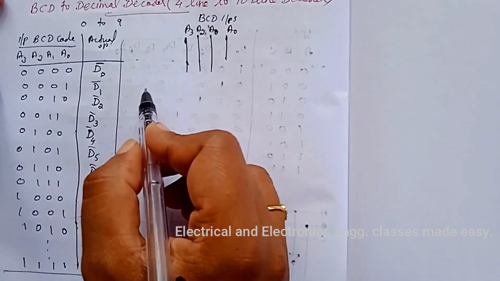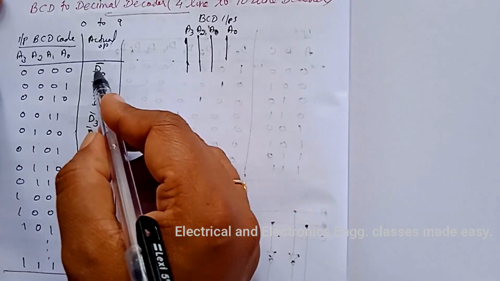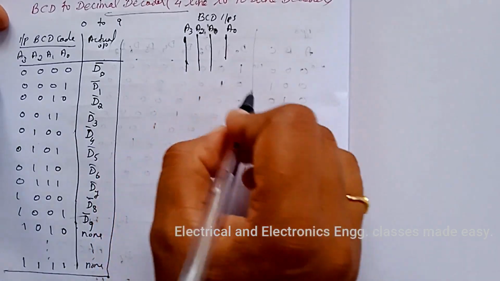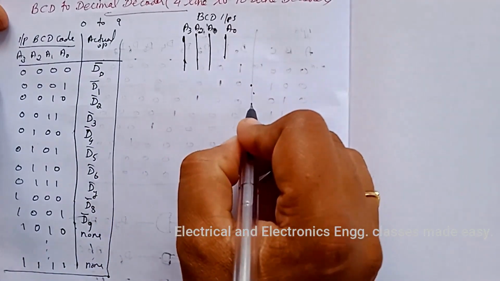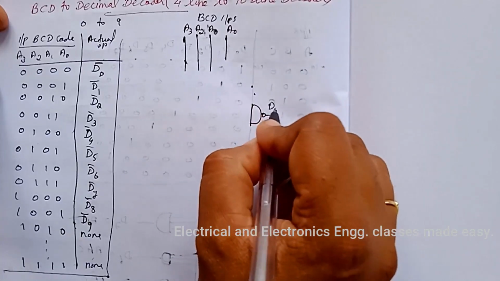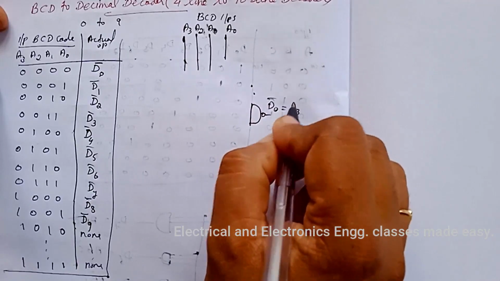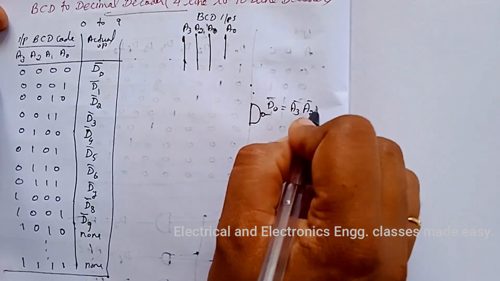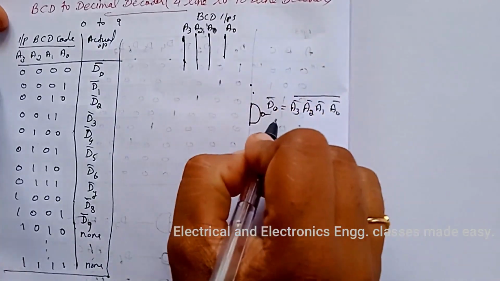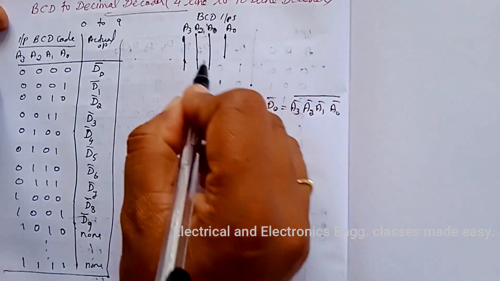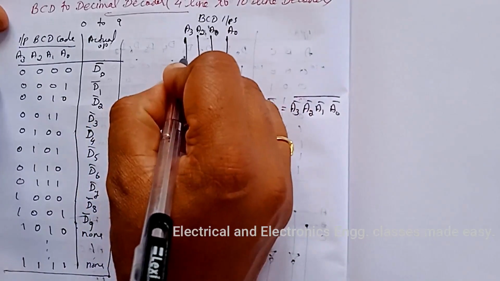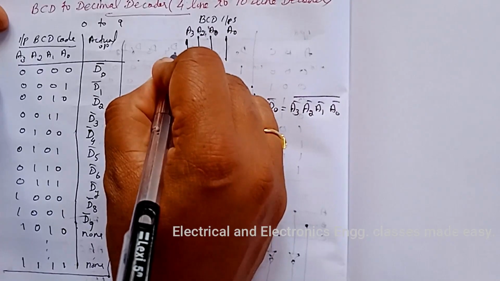That is, here we are using a NAND gate for the active low output. So first one is D0 bar, and that is A3 bar, A2 bar, A1 bar, A0 bar, the whole bar. So for that we need A3 bar, A2 bar, A1 bar, A0 bar. So draw NOT gates here.